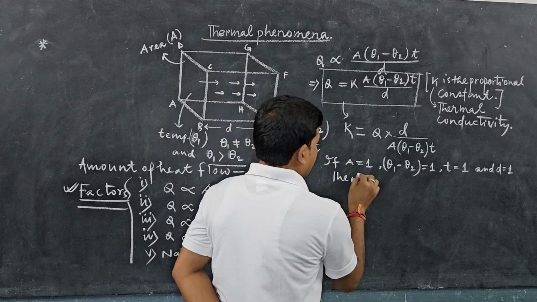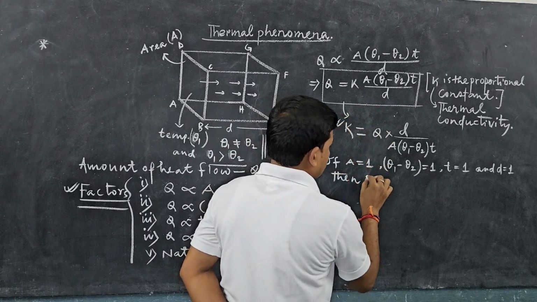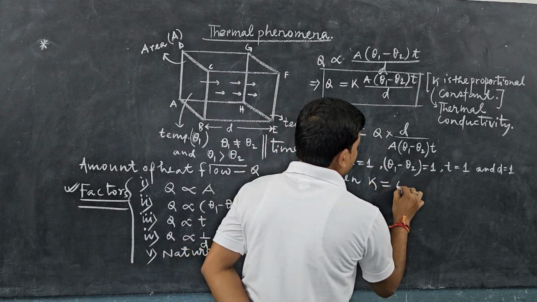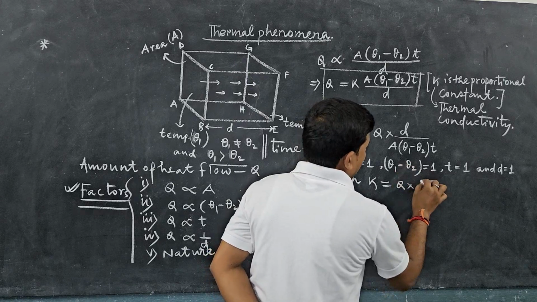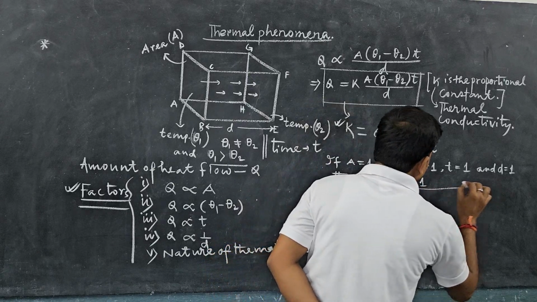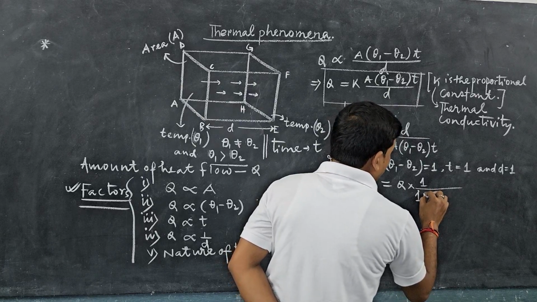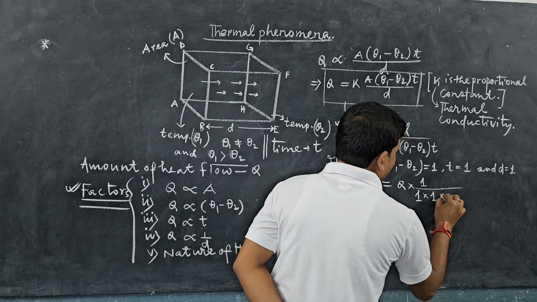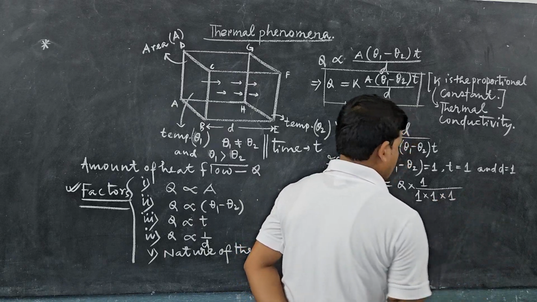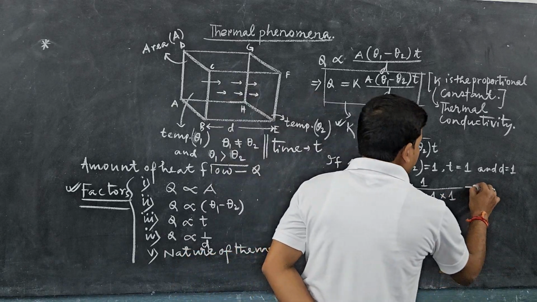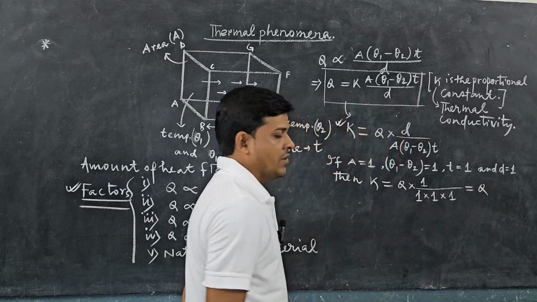Then what happens? From this relation we can write that K, the thermal conductivity of the material, will be the amount of heat flow in unit area of cross section through unit temperature difference in 1 second. So this will be the thermal conductivity of the material.